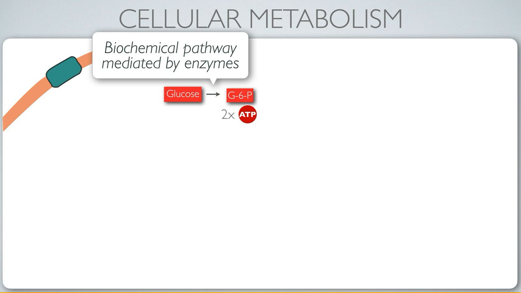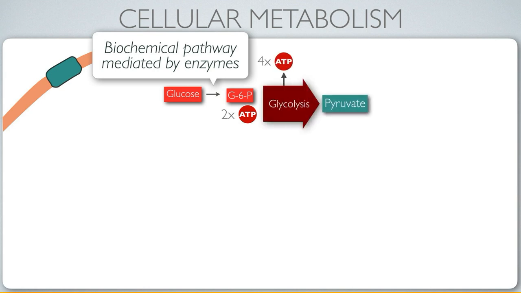Now, when glucose 6-phosphate is combined with two ATP molecules, then glycolysis can be performed. Okay, so this is a series of biochemical pathways that yields two ATP molecules and two pyruvate molecules. And that pyruvate can be used as a source of energy under a couple different conditions.